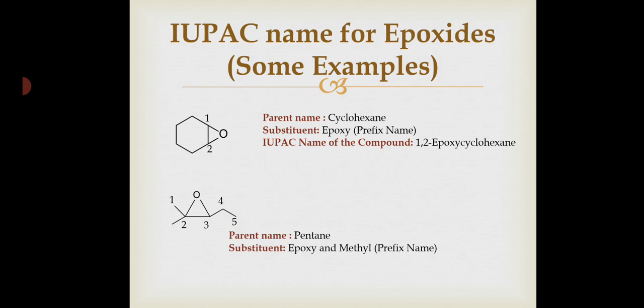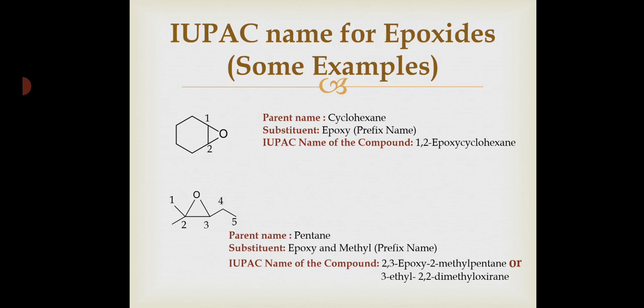And so, I think you can write the IUPAC name on your own. The IUPAC name of this compound is 2,3-epoxy 2-methyl pentane. And if you want to write by the Oxirane method, this is an Oxirane ring. So you have 2 methyl groups at 2 position and an ethyl group at 3 position.